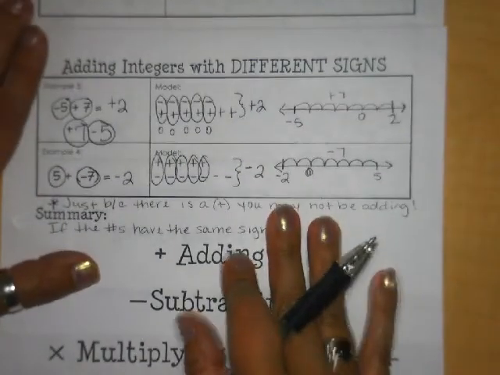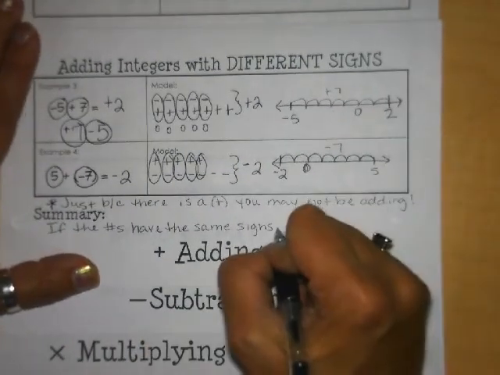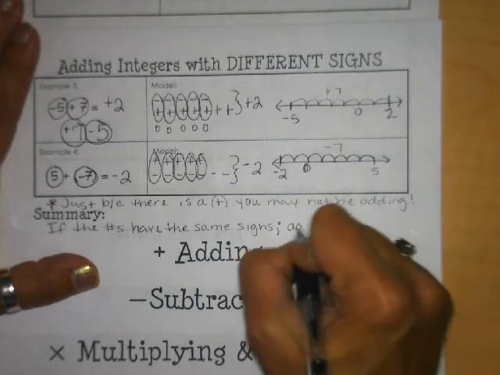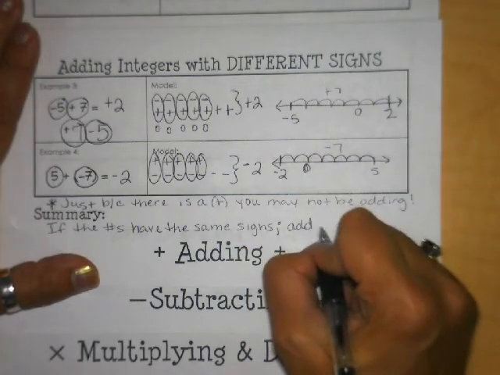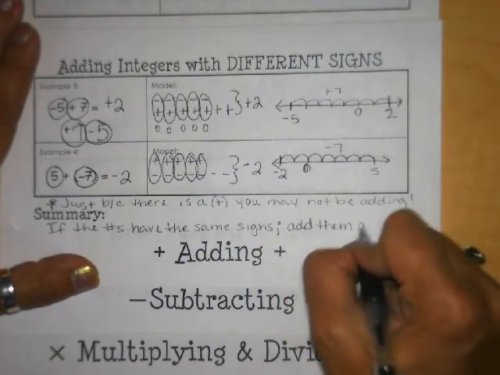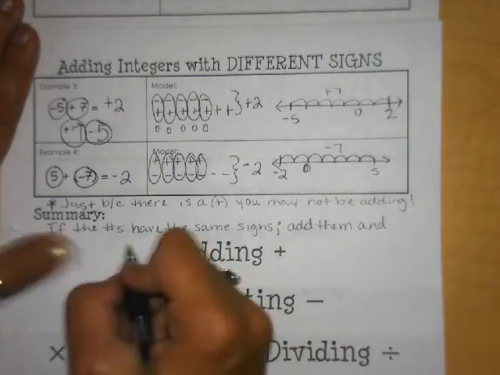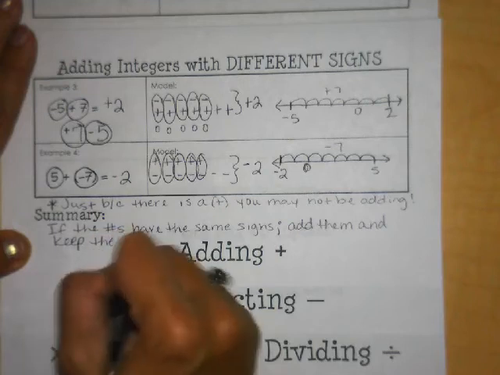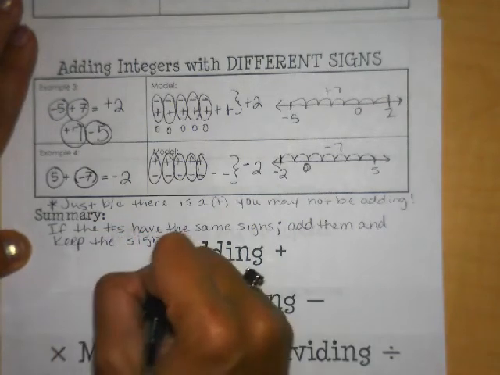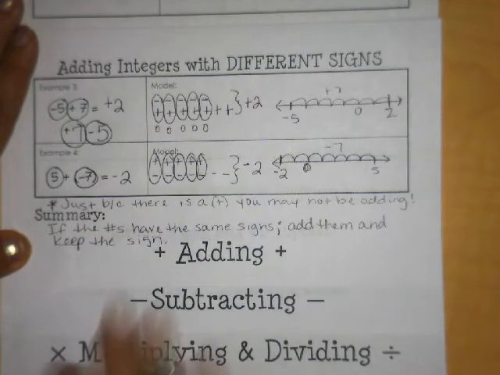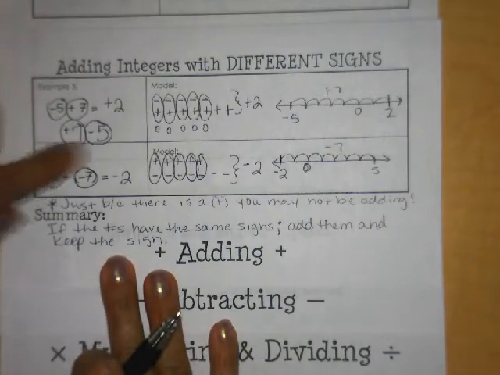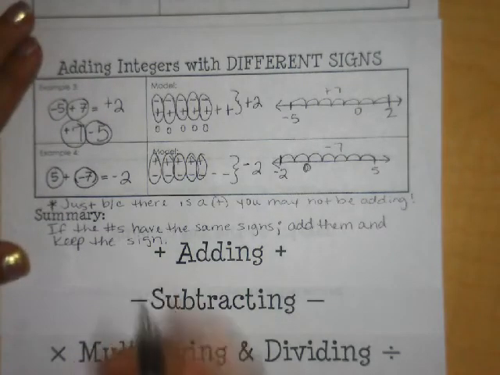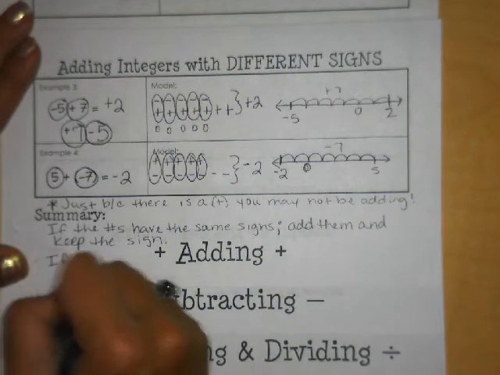So we can say if the numbers have the same signs, add them and keep the sign. Okay? But if the numbers have different signs, like on these last two, we didn't really add.